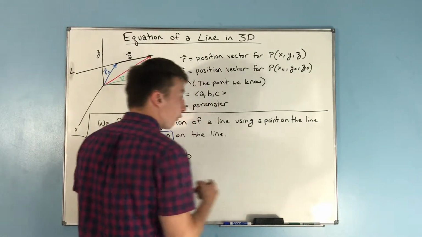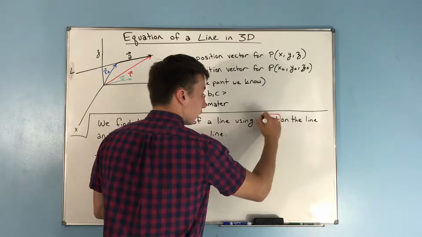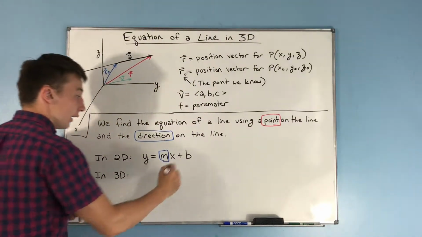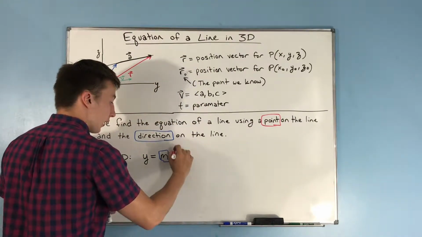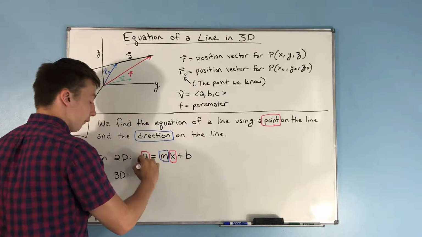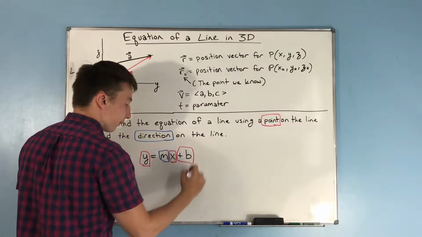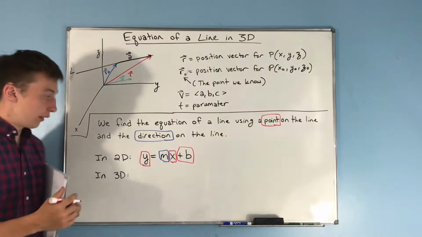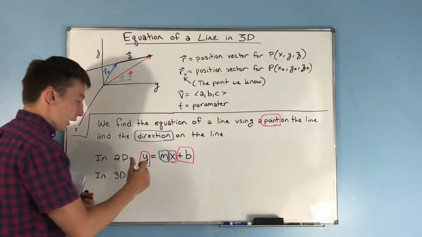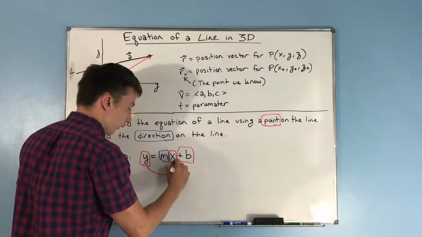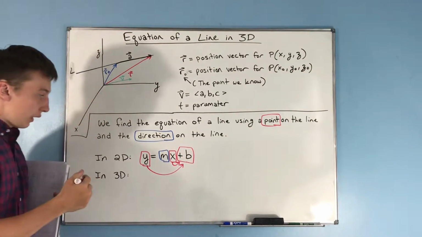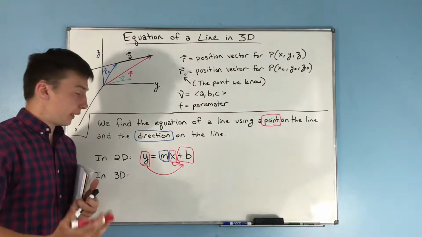And if we knew a point on the line, well then we would know x and y, and that would give us b.